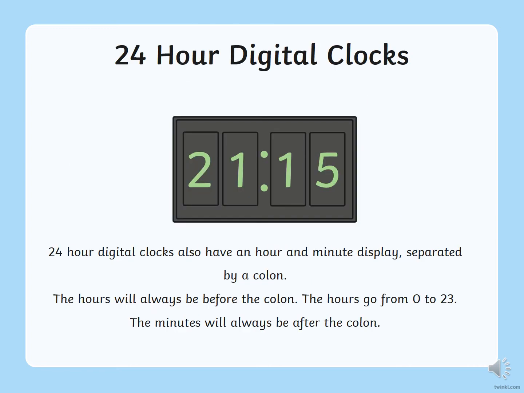So you can see that here we have 21:15. 24-hour clocks have that minute and hour time split by the colon just as we had before, and then rather than having a number from 1 to 12 in that section, we have it continuing beyond the 12 up to 23. At midnight, when it turns to 24, it actually resets then to 00.